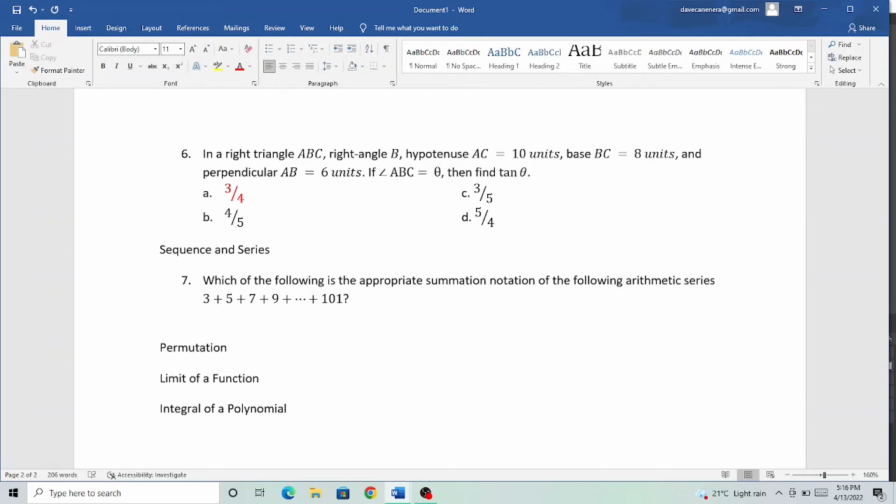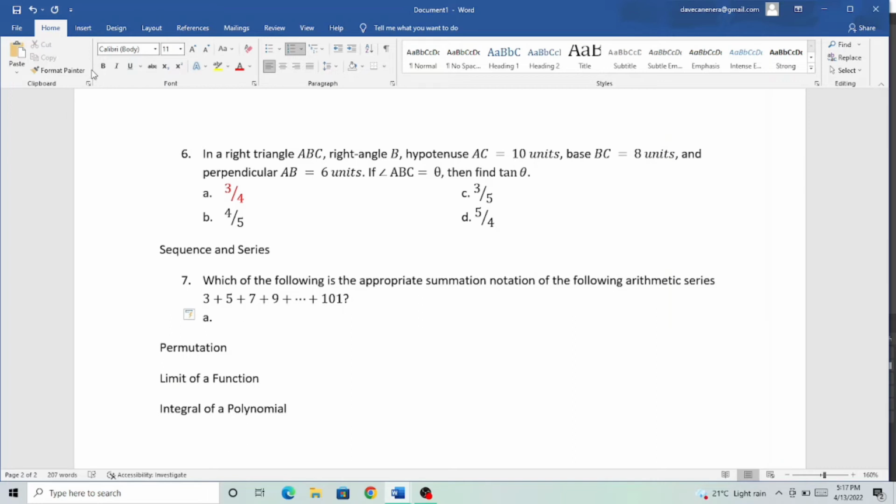So what do you think will be its summation notation? Obviously this is 50 terms, right? With the expression of 2n plus 1, where n is greater than or equal to 1. So therefore our answer is, wait, let's maximize the use of plausible distractors. I will reveal the answer later.